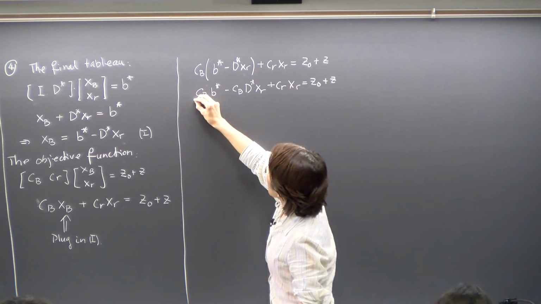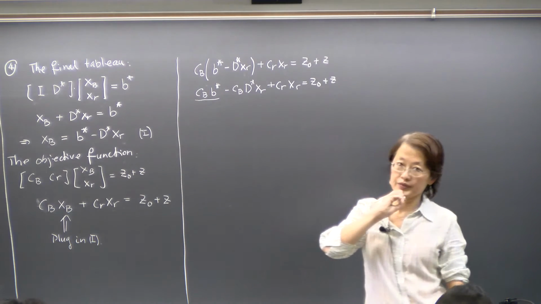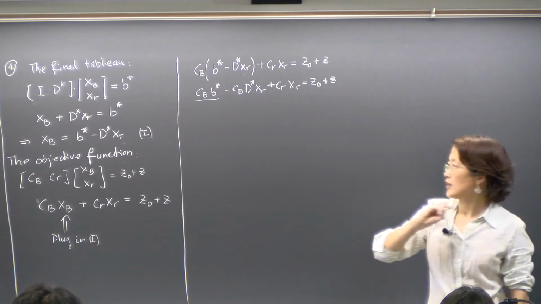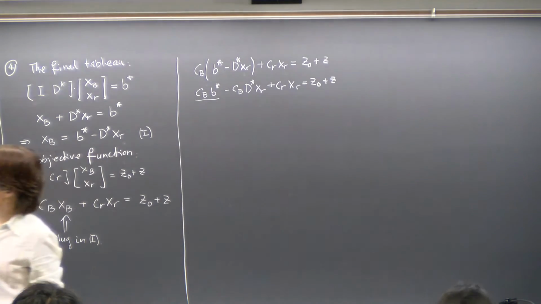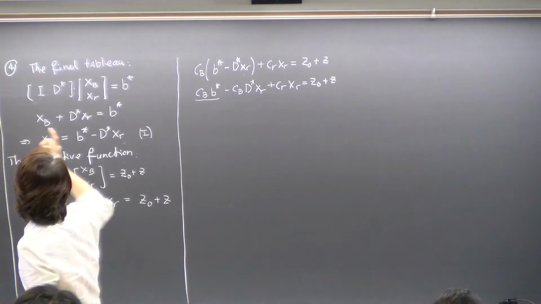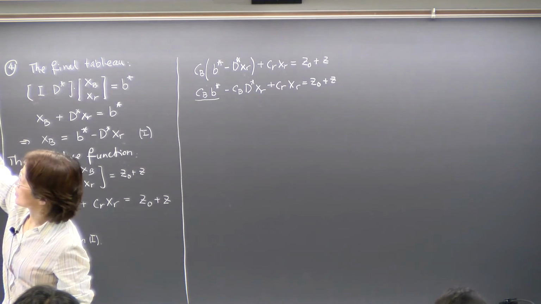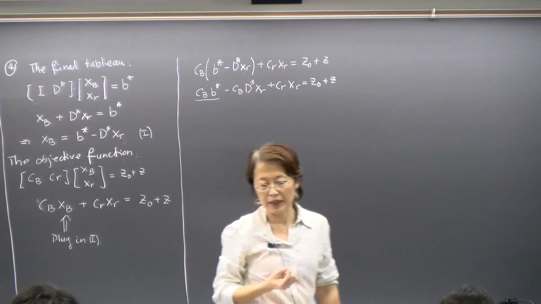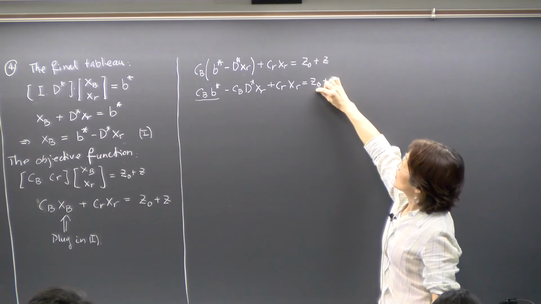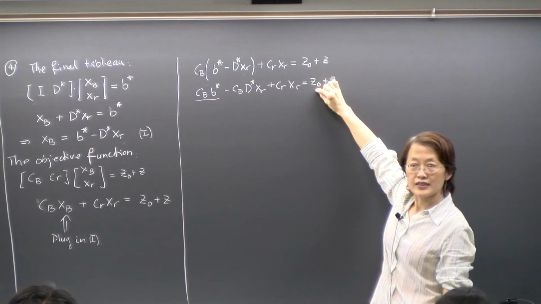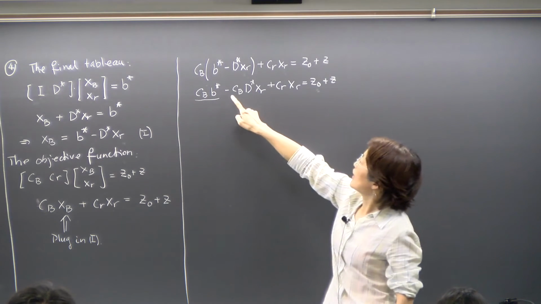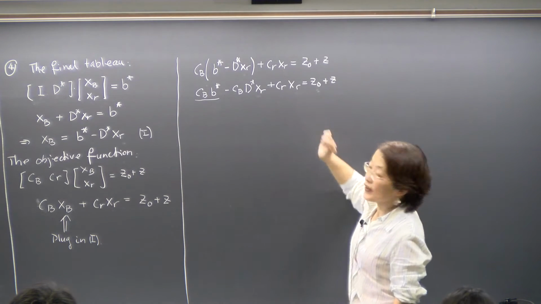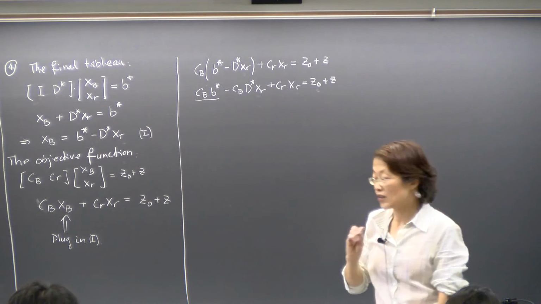And then I see that this term is just a number. Is that right? CB is the coefficients here, and the B star is the constant column here. That's just a number. So I would move it to the right-hand side. Is that clear? And then I have the XR as a common factor on the left, and I collect it.